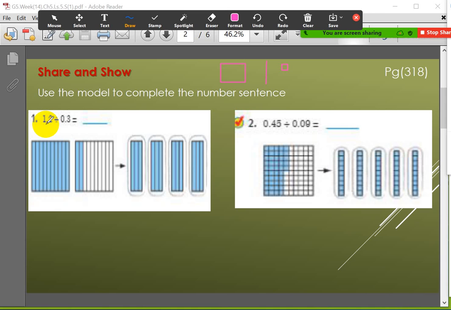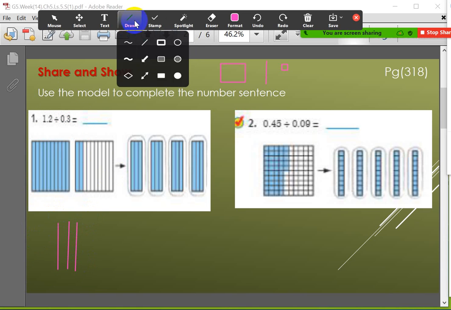How will I divide it by 0.3? 0.3 is a decimal number. The model that represents 0.3 is 3 longs, because I have 3 in the tenths digit, and the long is the model that represents the tenths digit.